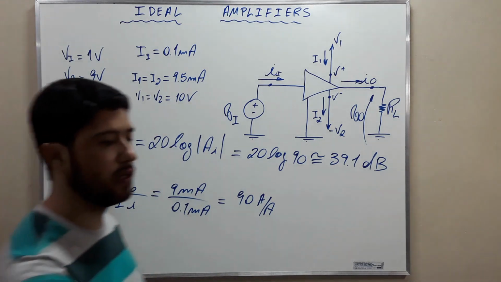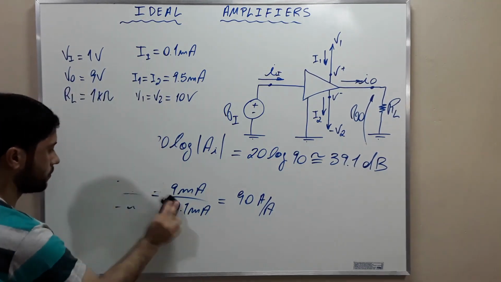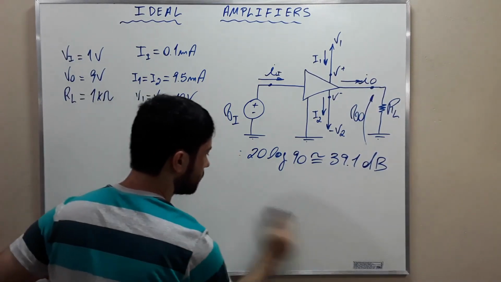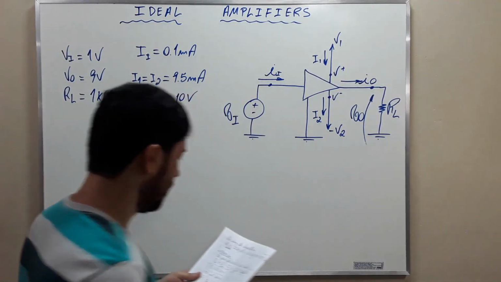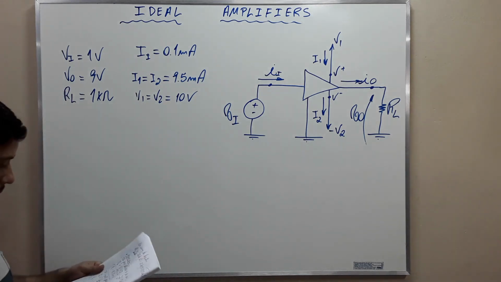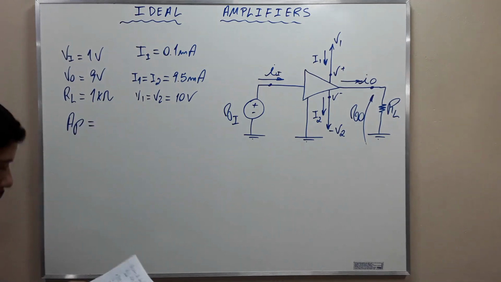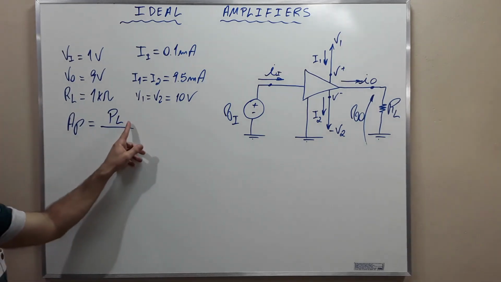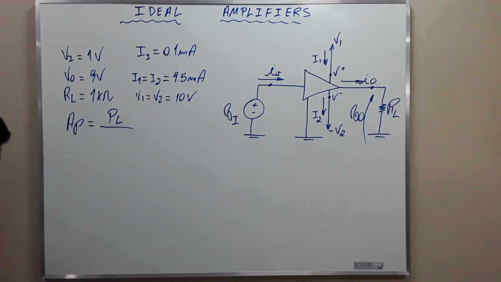Now let's find the power gain. The power gain, by definition, is the division between the power delivered to the load and the input power.